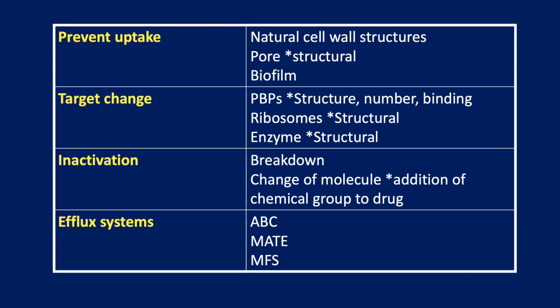There are two ways in which bacteria can make a drug ineffective: by actual degradation of the drug or transfer of a chemical group to the drug. And finally, there's a range of drug efflux systems which remove the drug from the cell. These include the ABC cassette, MATE, and MFS.